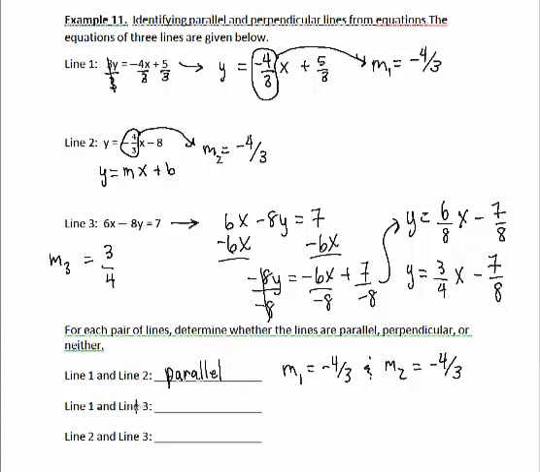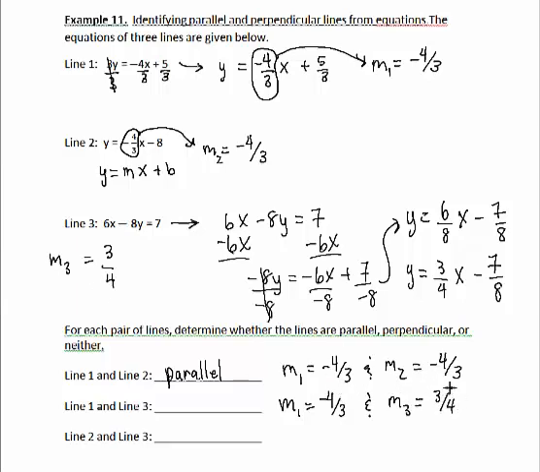What about line 1 and line 3? Well, M1 is -4/3, and M3 is 3/4.